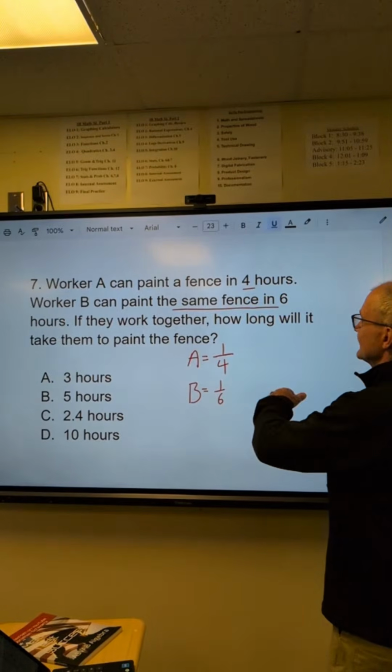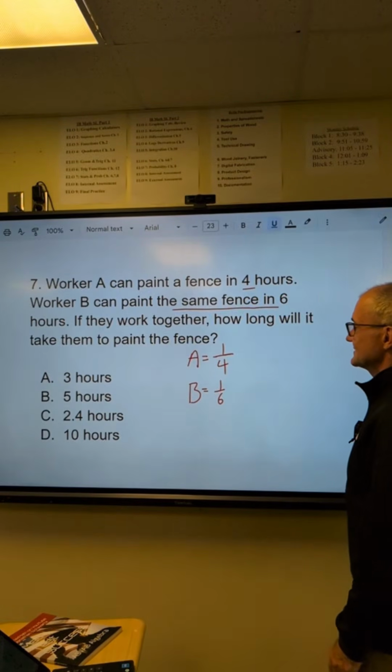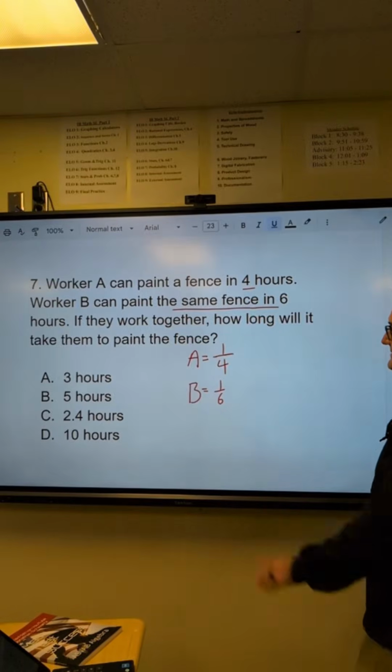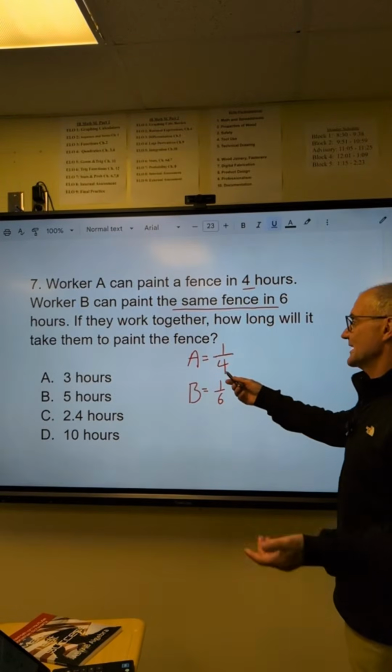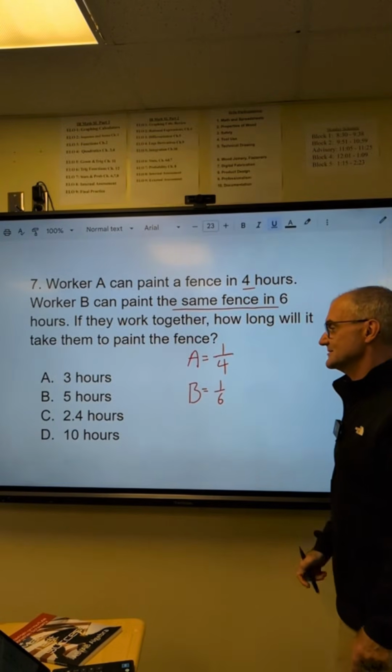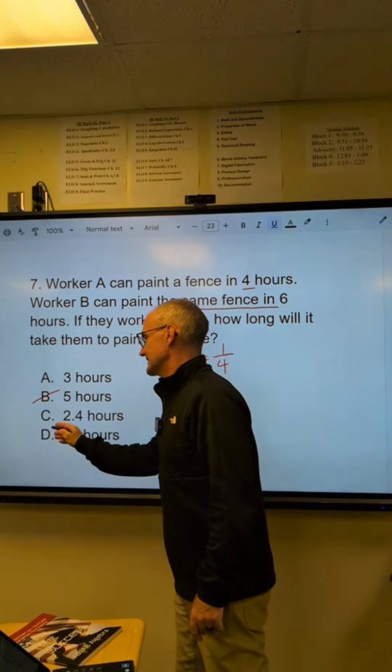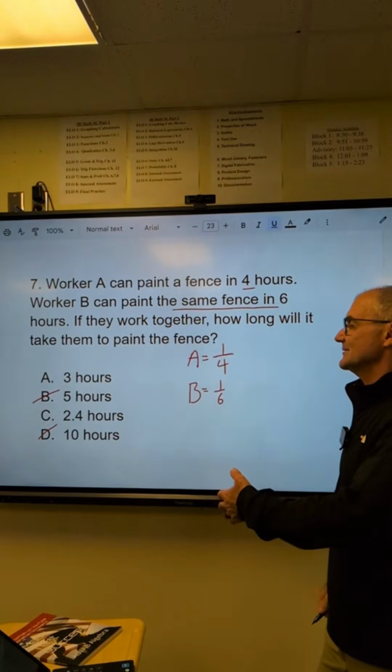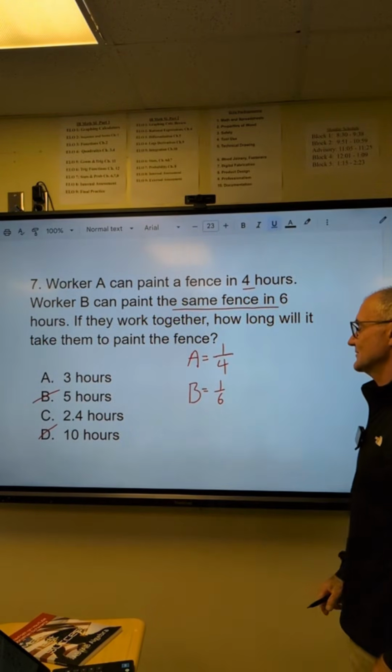If they work together, how long will it take them to paint the fence? Before I even start, let me glance over at my answers. Well, if the guy by himself could do it in 4 hours, with help, it's got to be a lot faster. So I know it can't be that and it can't be that. If I was running out of time and I had to guess, I could guess between those two.